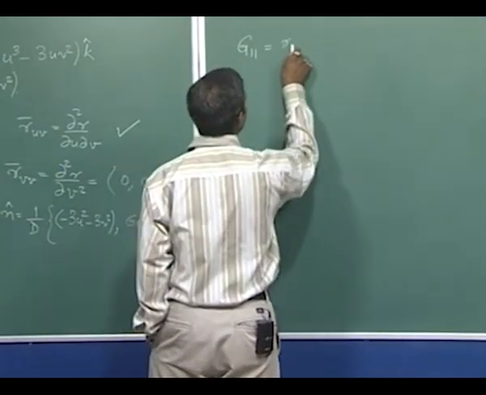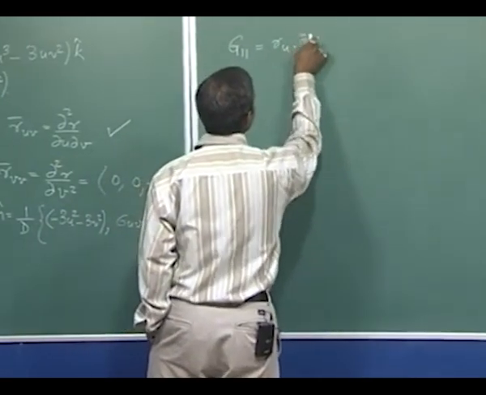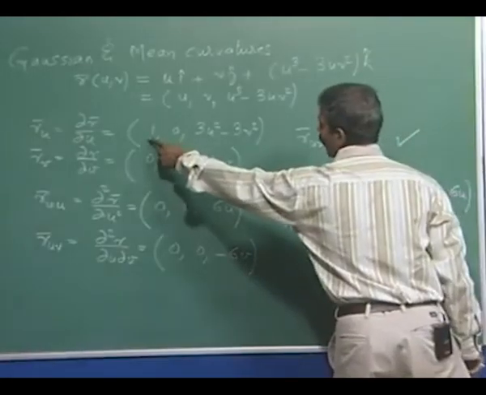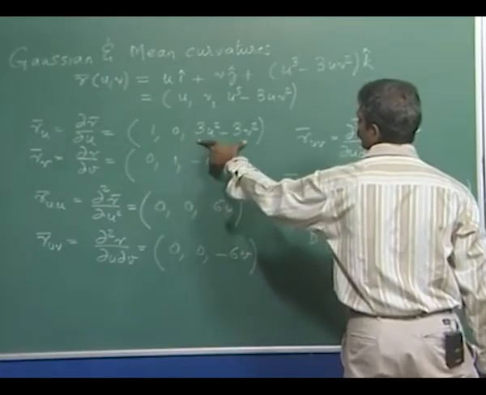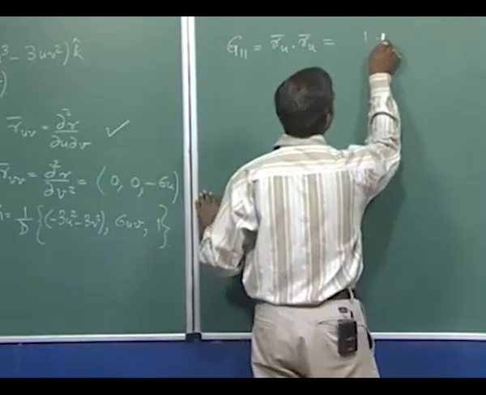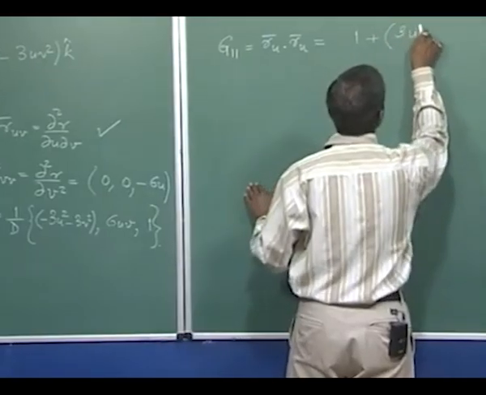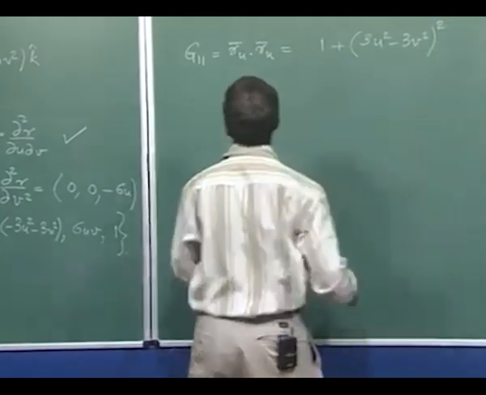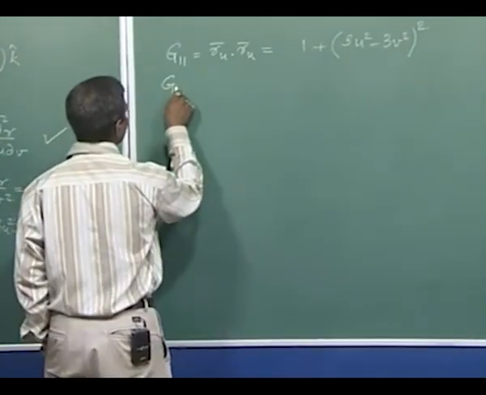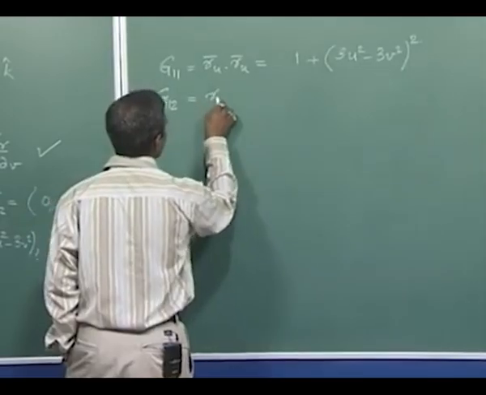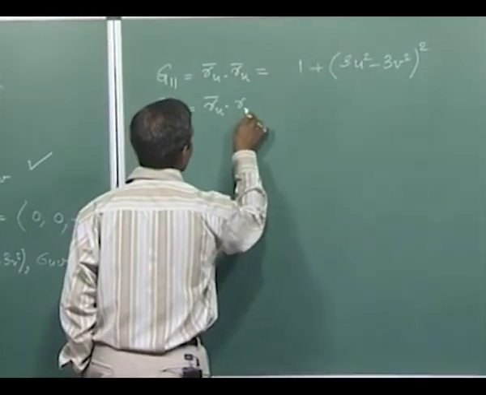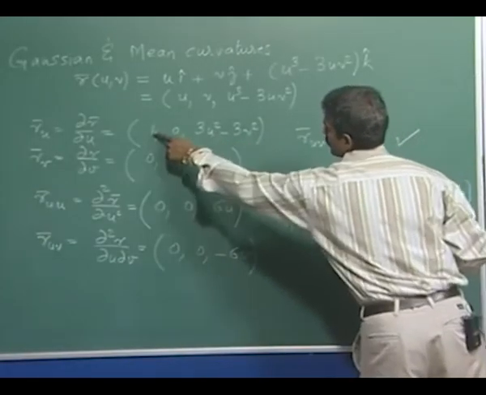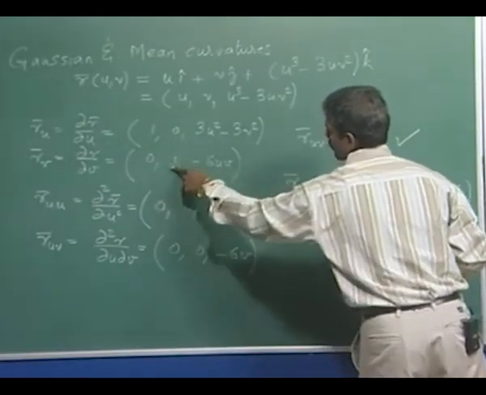G11 equals Ru dotted with Ru, and that is given by 1 plus (3u squared minus 3v squared) the whole square. G12 is given by Ru dotted with Rv, which is this dotted with this. So this multiplied by this is 0, this multiplied by this is 0.